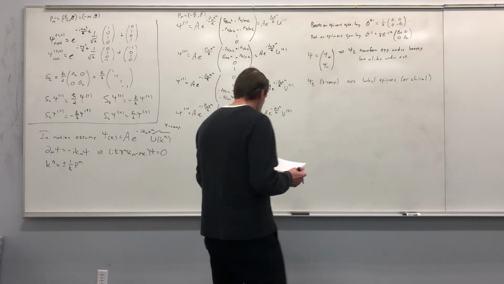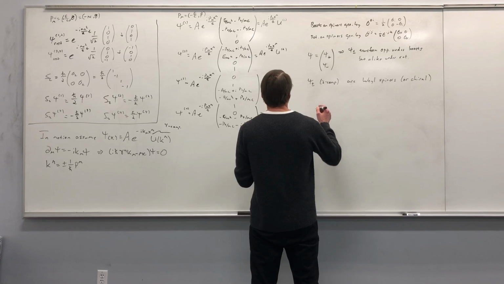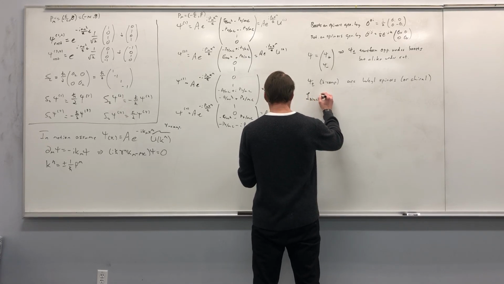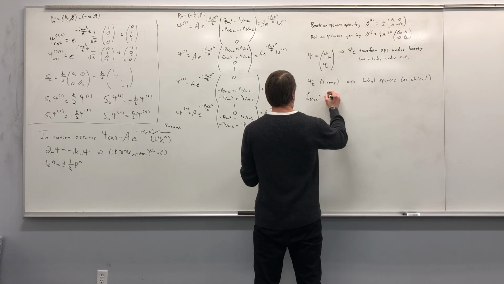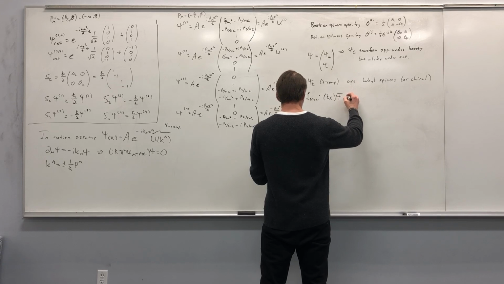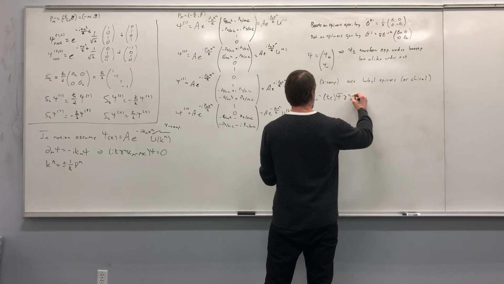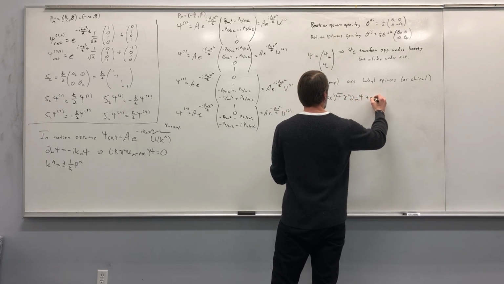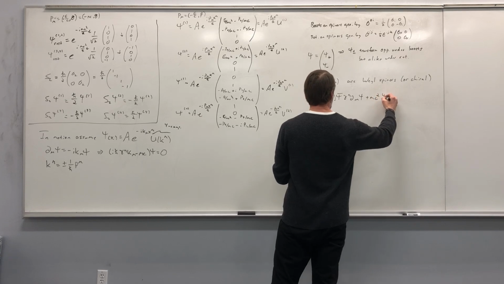Okay? So now what we can do is take the Dirac lagrangian, which you might not remember is h bar c psi bar gamma mu d mu psi plus mc squared psi bar psi.